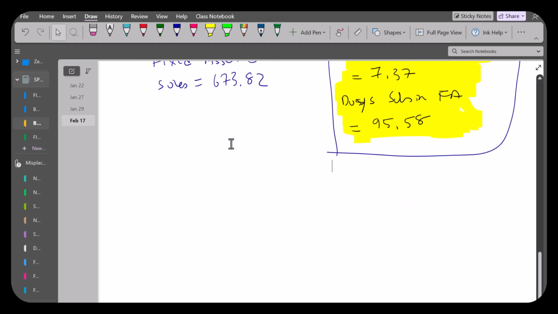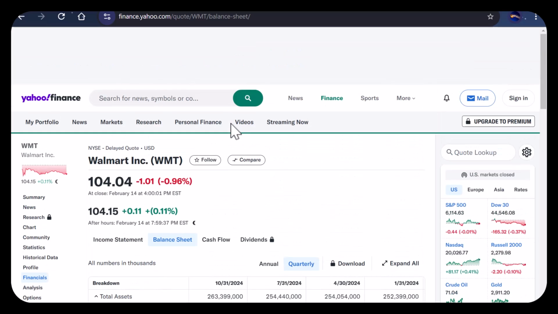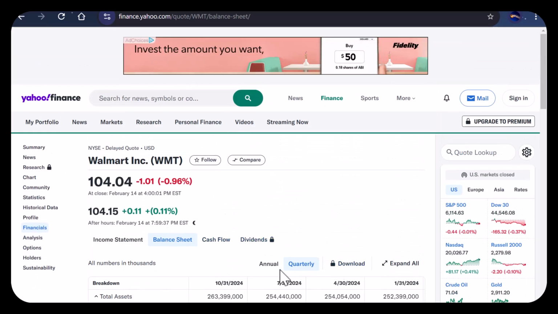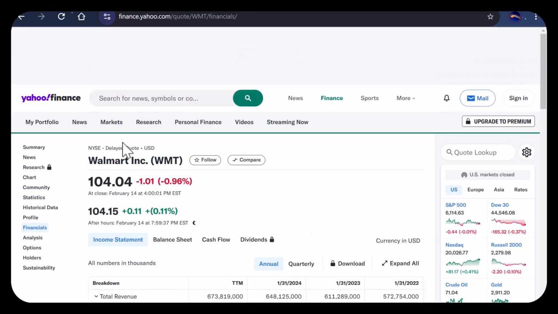As a homework for you, why don't you do a similar thing for Kroger and Walmart over the last few years using Yahoo numbers? Let's see what they have available as annual numbers. Yeah, balance sheet is available for the last 4 years, for fiscal years.